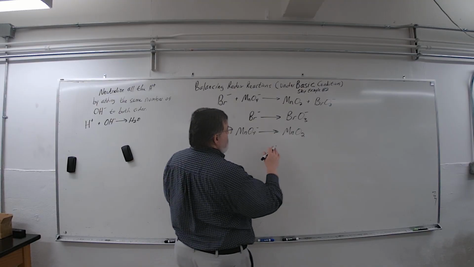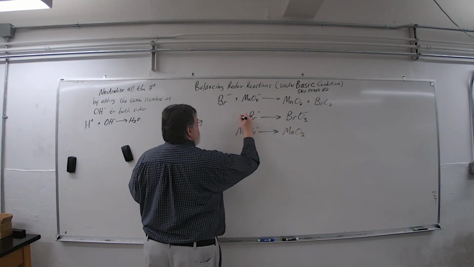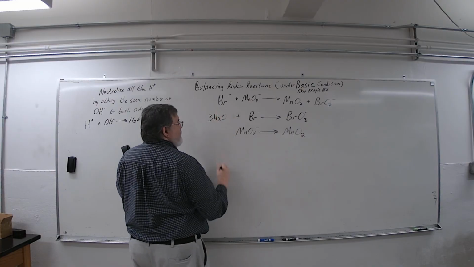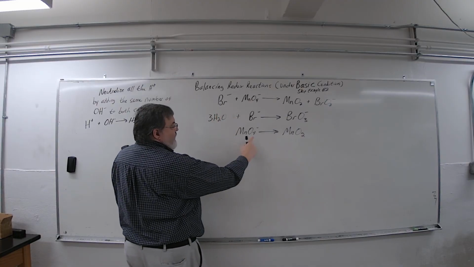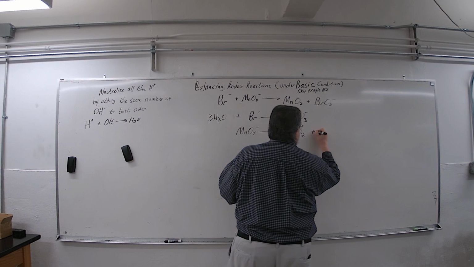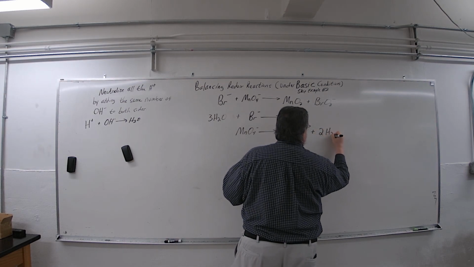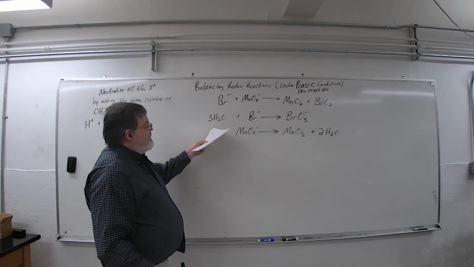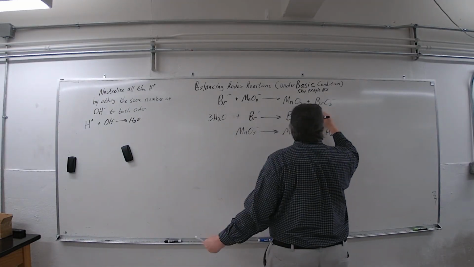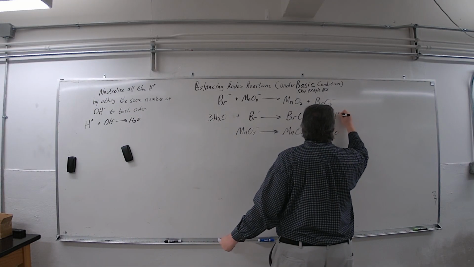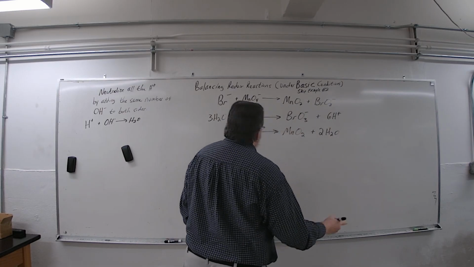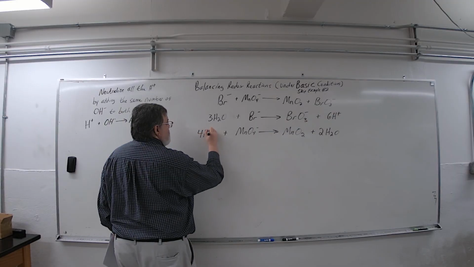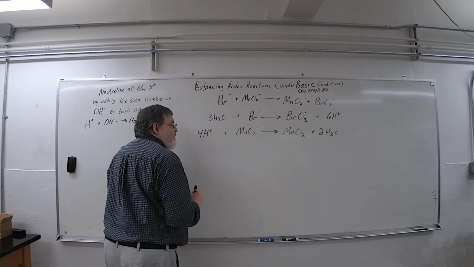So oxygen, 3 oxygens there, so I need 4 there and 2 there, so I need 2 more over here. Now I have 6 hydrogens. Add over here. And I have 4 hydrogens here.